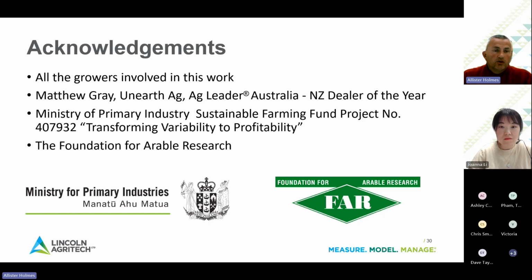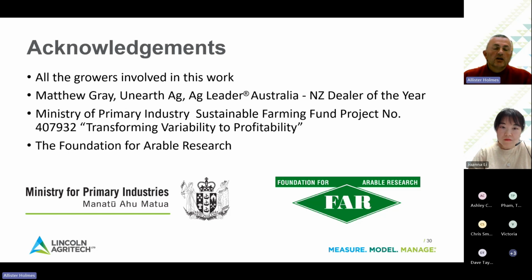Nitrogen is obviously a key one because of the accountability for leaching. Water use is a key one as well, but also the cost of cultivation and the carbon emissions of cultivation.